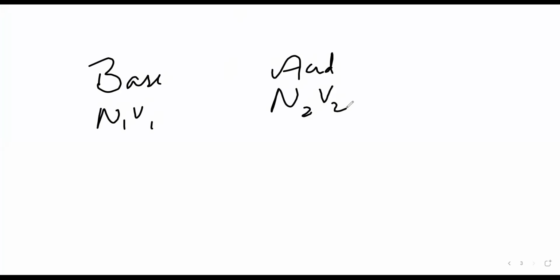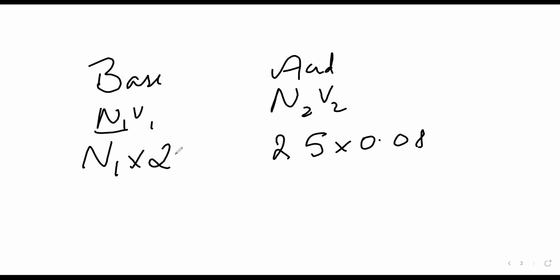Now I define: acid N2 is 0.08 and V2 is 25, and base N1 is nothing but N1 itself. What is my V1? 20.